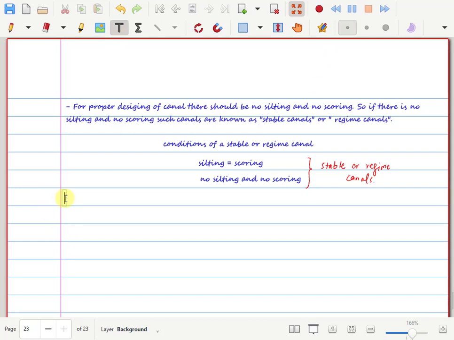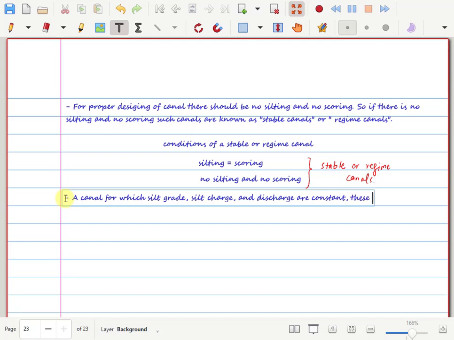Next point you need to remember is that a canal for which silt grade, silt charge and discharge are constant is said to be in regime condition, or you can say that these canals are in stable condition.